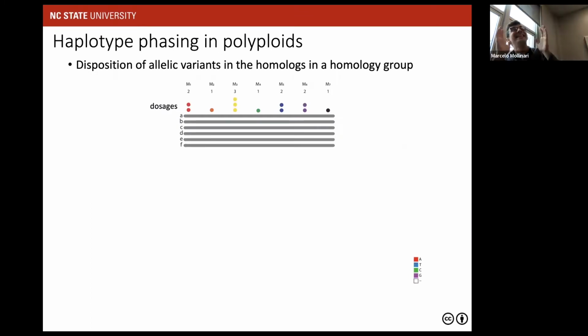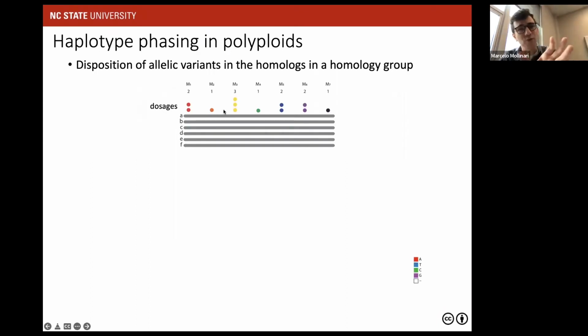So what's the next step? Instead of just using 2 markers, we are going to use the whole genome or the whole linkage group to infer the haplotype, the phasing of these dosages, right? So this is what you see in your data set. This is an example of a hexaploid, right?